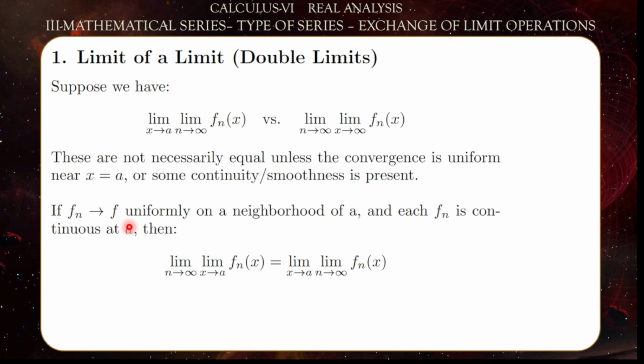If fn approaches f uniformly on a neighborhood of a, and each fn is continuous at a, then the limit as n approaches infinity of the limit as x approaches a of fnx is equal to the limit as x approaches a of the limit as n approaches infinity of fnx, which is very important. So we can exchange the limits and still end up with the same result.